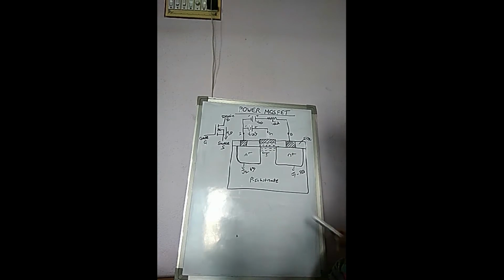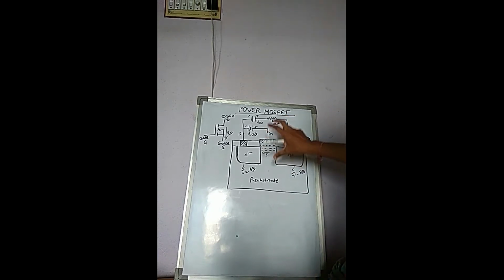Because this is a metallic body and this is a P plus substrate, that means it is also a conducting body. So the upper layer and this layer each form a conducting layer, and in between two conducting layers there is one SiO2 insulating material.